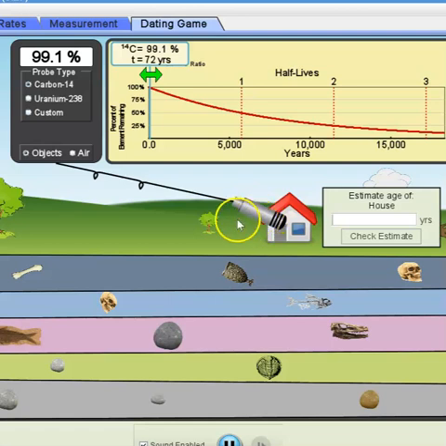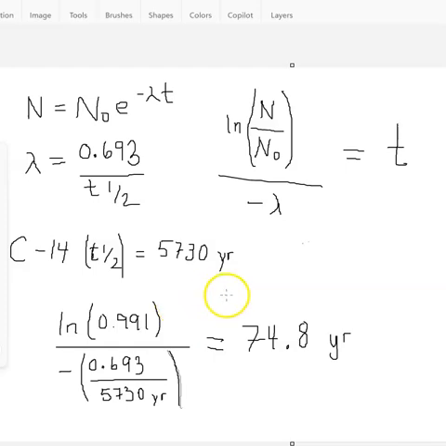So let's go ahead and utilize the equation that I just went over to try to estimate the age of this house. So from the simulator, we've obtained a carbon-14 percentage of 99.1 from the house. And basically what I did here was just simply convert that percentage to decimal form, and I've plugged in the 0.991 value for our N over N0 variable here.